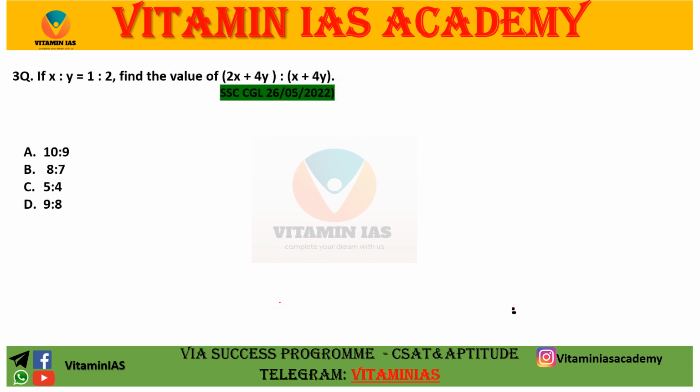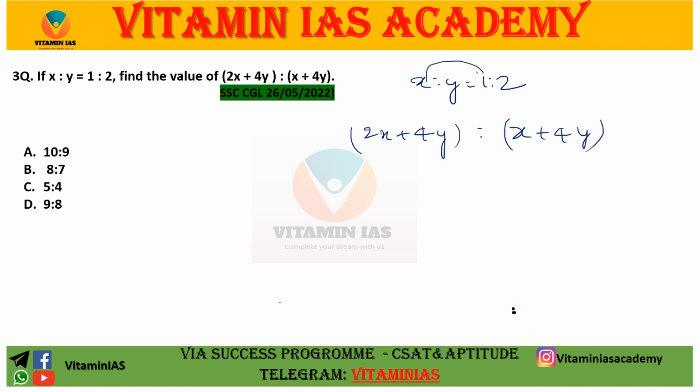Next question. If x is to y is equal to 1 is to 2, find the value of 2x plus 4y. Here x indicates 1 and y indicates 2, meaning x is equal to 1, y is equal to 2.